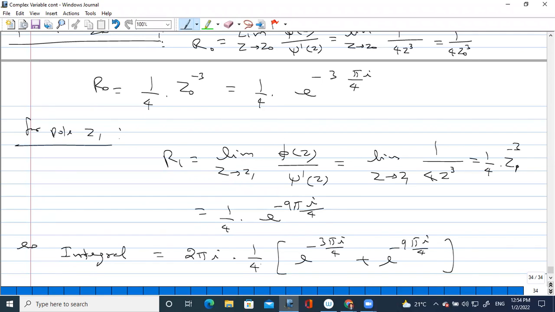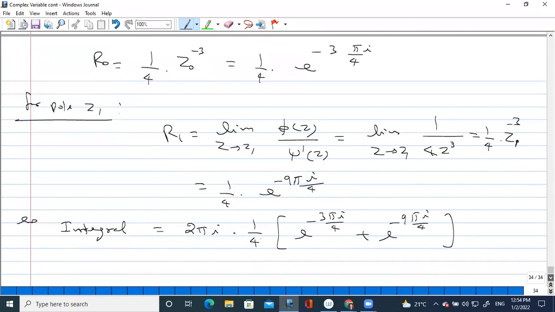And you can check this 3 pi by 4 comes in the third quadrant. 9 pi by 4 comes in the fourth quadrant. Or simply you can use the value 3 pi i by 4. I have just taken it here for simplicity.